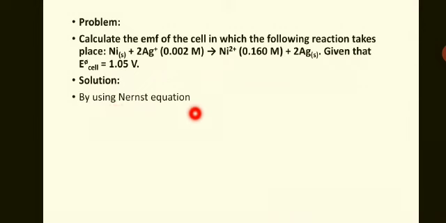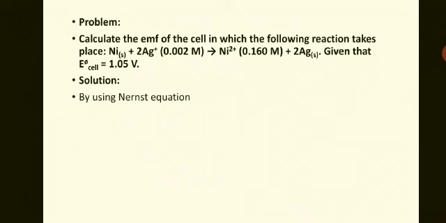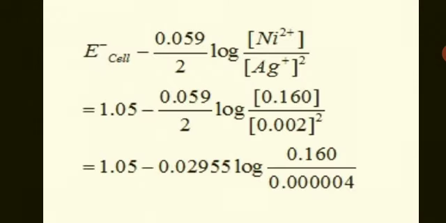Solution by using the Nernst equation: E cell equals E0 cell minus 0.059 upon 2 log of the molar concentration of nickel ion divided by the molar concentration of silver ion raised to the power 2, because 2 moles of silver ion are taking part in the reaction.